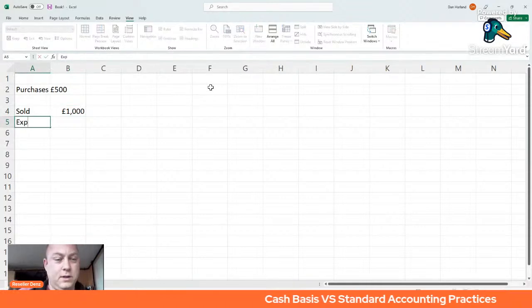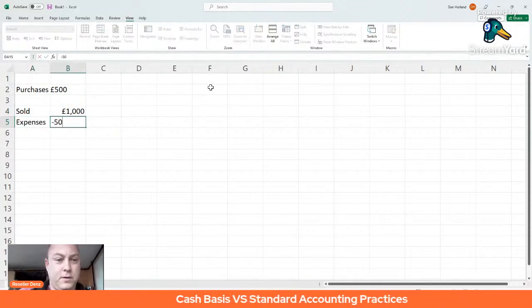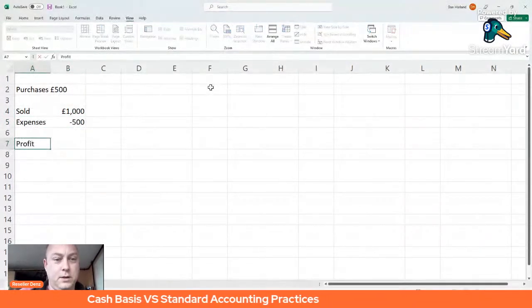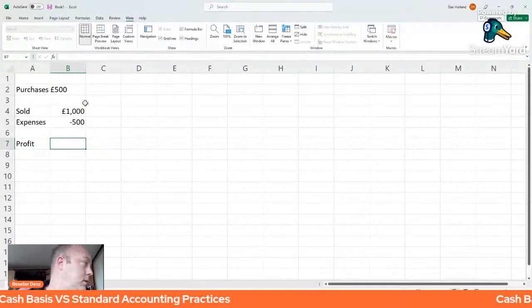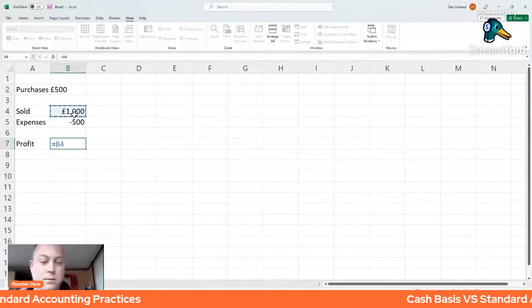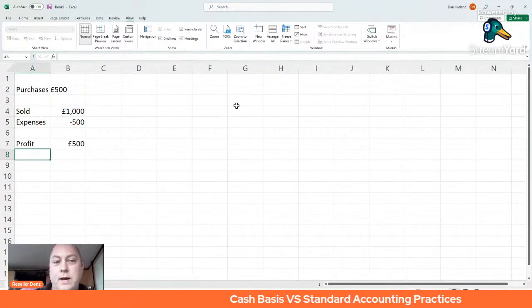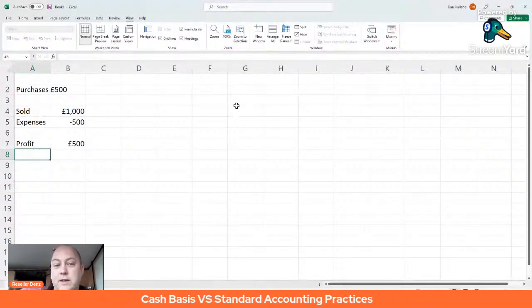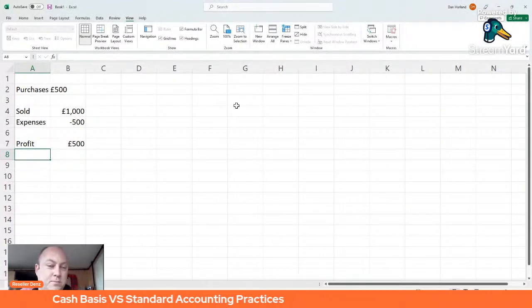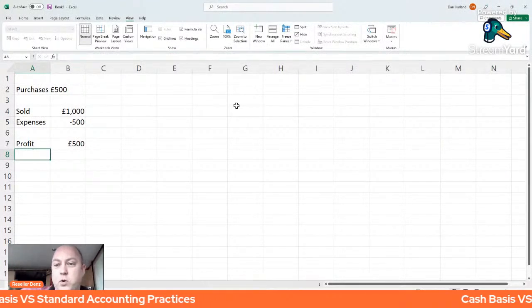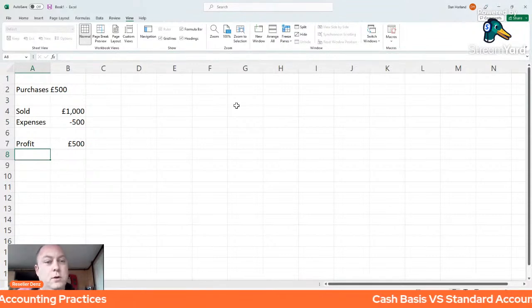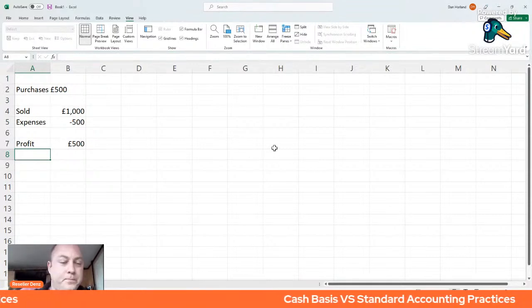So essentially expenses minus 500. Your profit for the year is going to be that plus that. So your profit's going to be 500 quid. Essentially, it's going to be as easy as that. Cash basis. So you spent £500. You've got in 1,000, and there's your £500 profit.